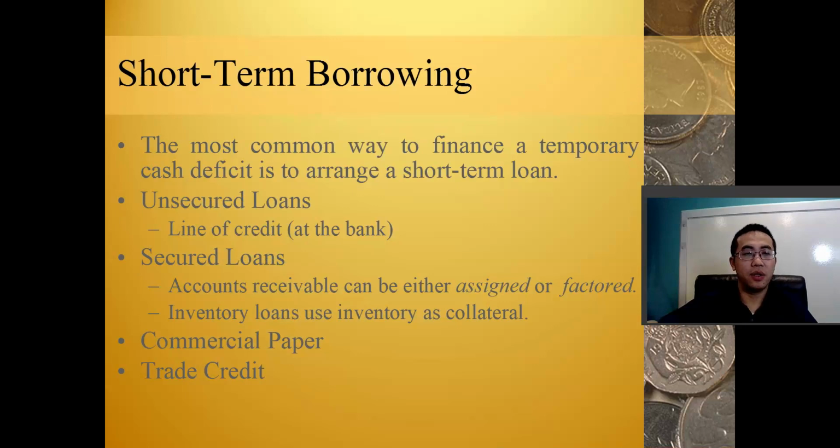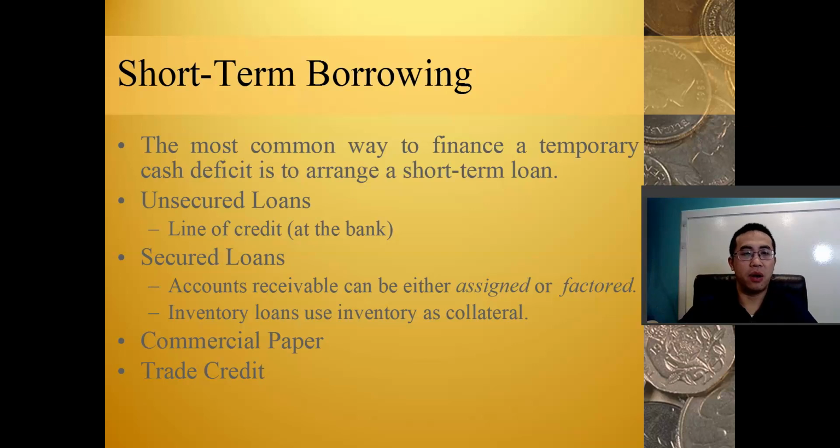And you also need to handle short-term borrowing if you are in a financing need, if you paid a lot of cash but you have not received the cash you made yet. So short-term borrowing is the most common way to finance a temporary cash deficit, with a short-term loan.